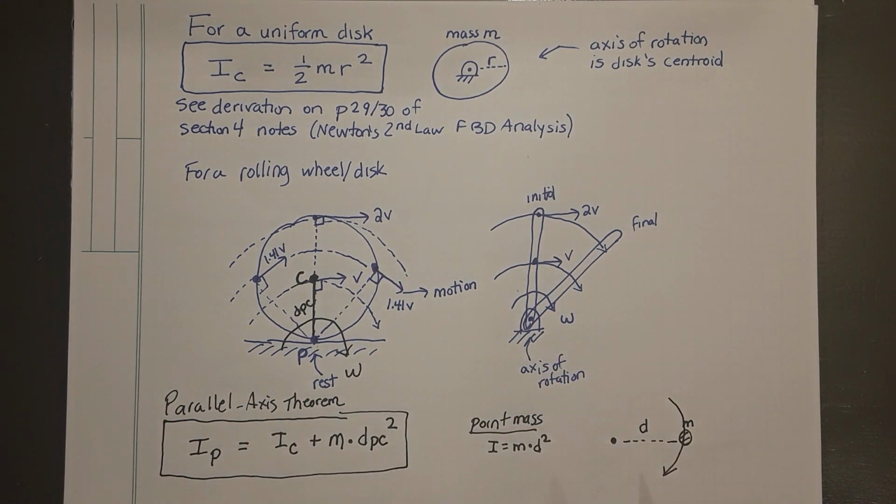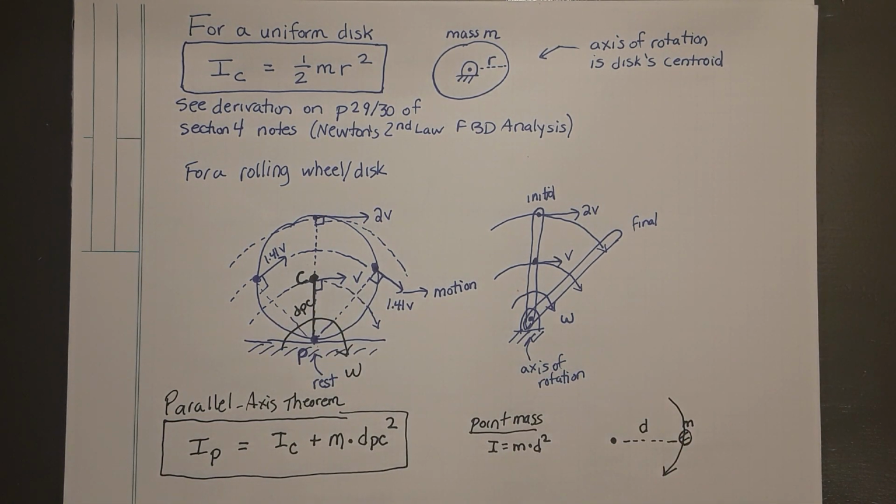So to calculate the moment of inertia of this wheel about an axis that is not its centroid, I have to take the minimum rotational inertia, the minimum moment of inertia, and add how much resistance would be offered if I tried to take the whole object and rotate it around that new axis of rotation.